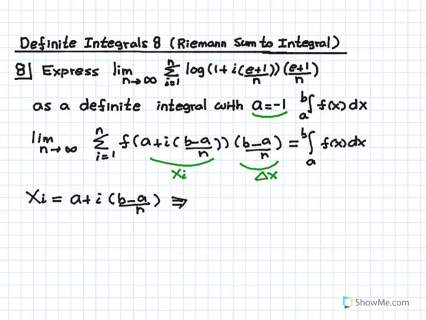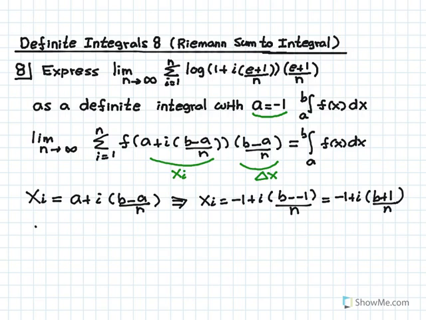So we know that a is negative 1. Let's rewrite this as xi is negative 1 plus i times (b minus 1)/n, and that gives us negative 1 plus i times (b plus 1)/n. The tricky part here is to rewrite log of 1 plus i times (e plus 1)/n in such a way that xi is inside the log function.